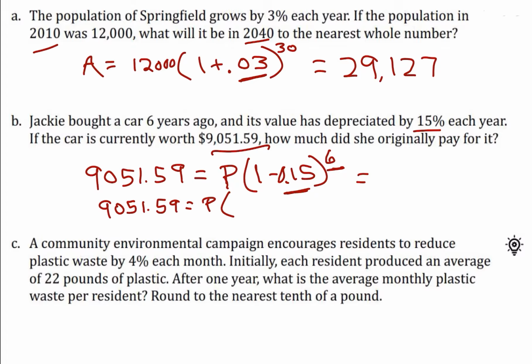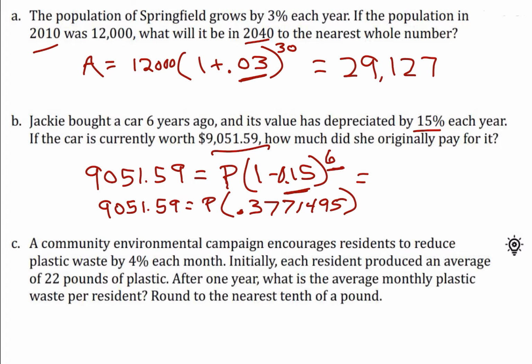Raise that on your calculator to the 6th power, which gives you some decimal: 0.3771495. Most calculators have ways to save that without having to write out the whole decimal, but we want to keep things pretty exact.